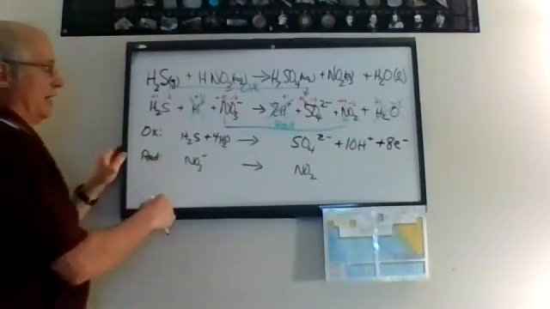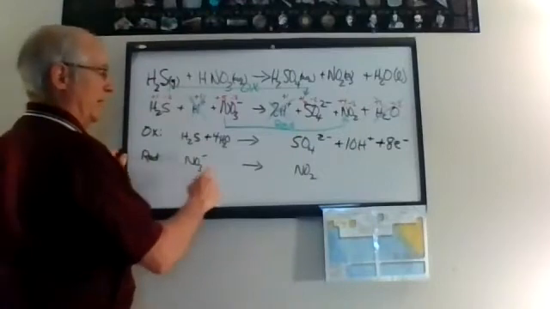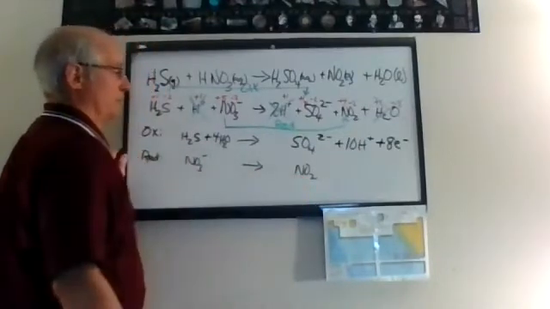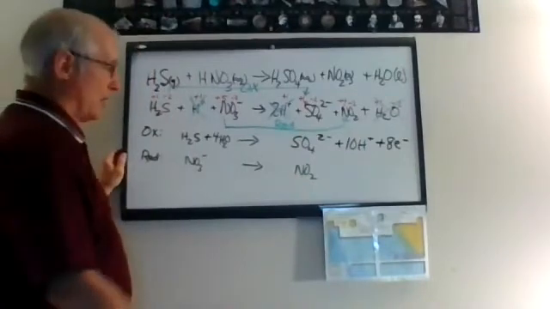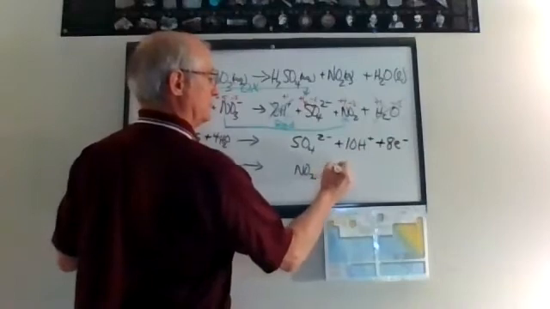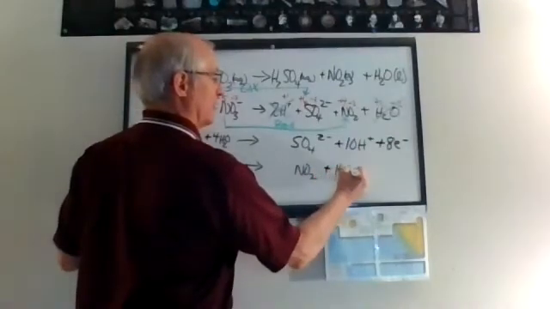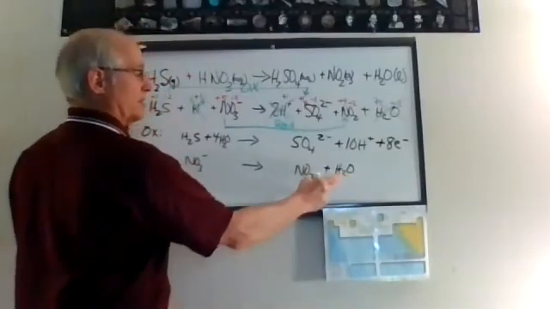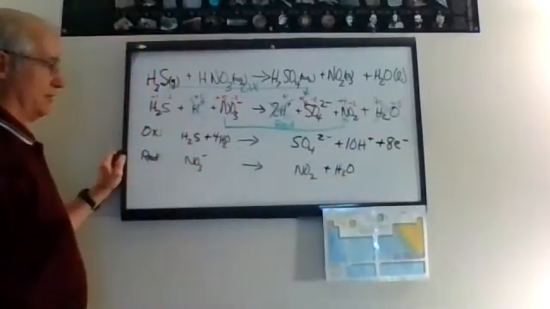Now the reduction half reaction, we got 1 nitrogen, 3 oxygens, 2 oxygens. So how do you get another oxygen over here? You add water. Why? Because that's what I told you to do. That's the way you get that another oxygen. So now you have 3 oxygens and 3 oxygens.